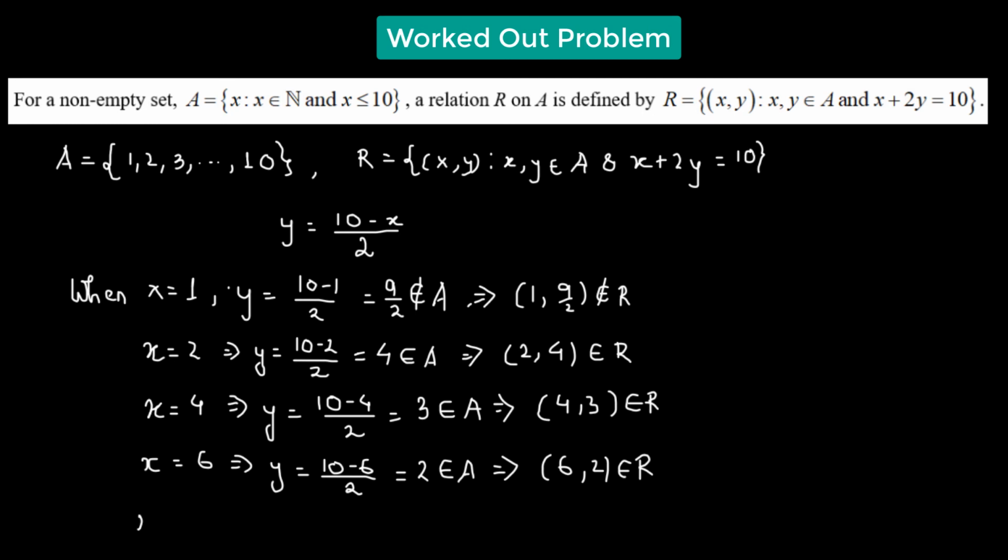And the final value will be x equals 8, which gives us y equals (10 minus 8) divided by 2. So 10 minus 8 is 2. 2 divided by 2 will be 1, and 1 belongs to our set A. So the ordered pair (8, 1) belongs to the relation R. So now that we have all the ordered pairs, let us write it down.